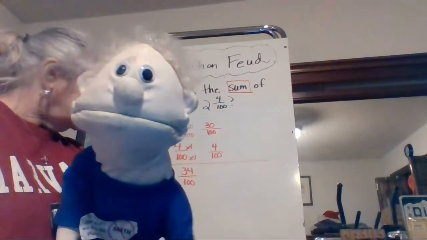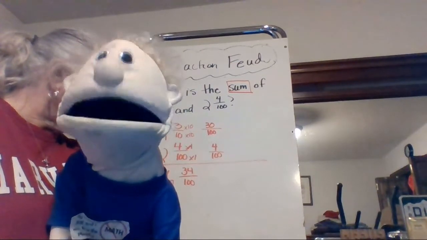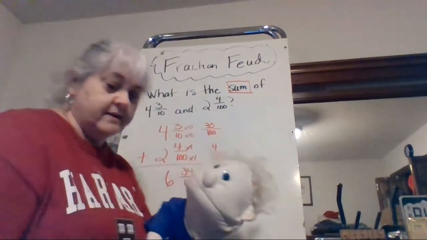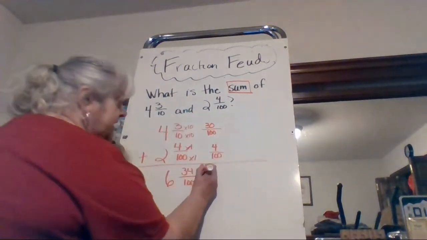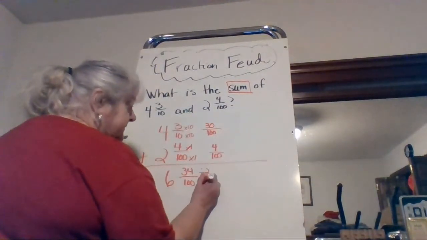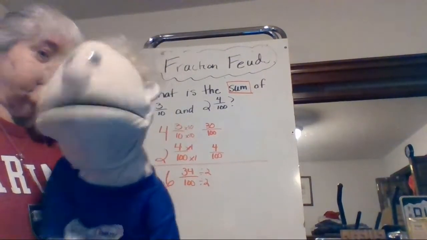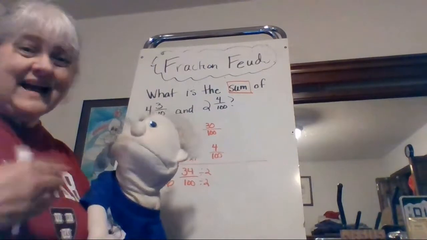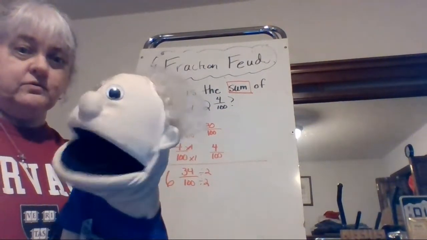Well, 34 and 100 are both even numbers, so I know that 2 will go into them. Okay, so you're telling me that you know that 2 will go into both of these, which is the same thing as dividing them by 2. Is that correct? Affirmative. Okay, so now I like to think of a division problem as multiplication. Me too.